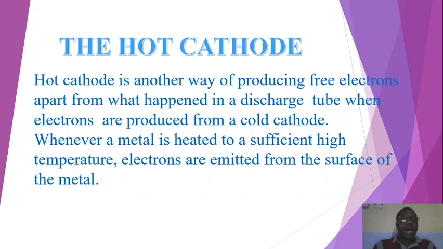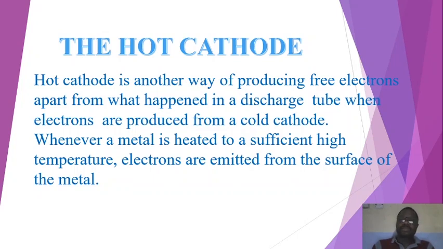Now you remember I told you that the charge carriers in gas are free electrons. Why do we call them free electrons? We call them that because free electrons are the electrons that are already detached from the metal.